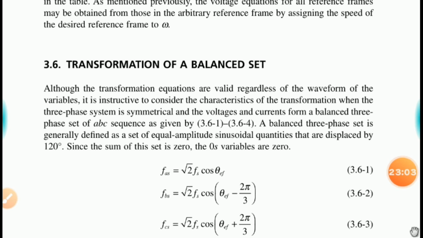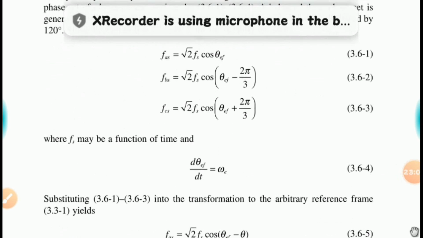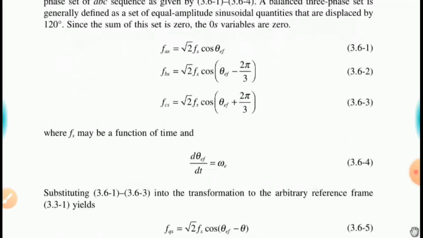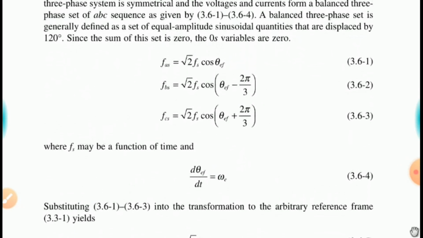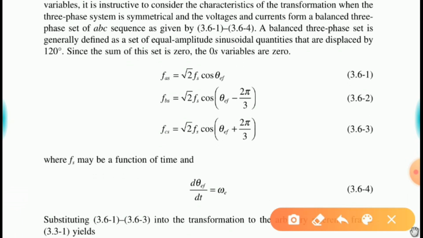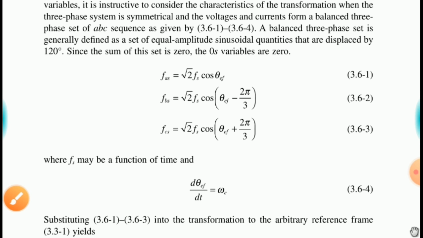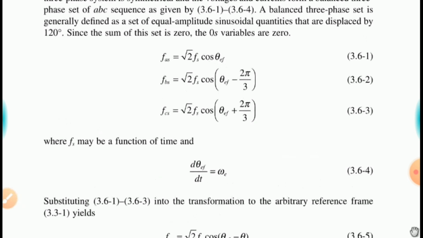So the task is to find the steady state equation of the synchronous machine. First you have to write the voltage equations like Vas, Vbs, Vcs, and here it should become d theta_r/dt equal to omega r. You can take omega r, that won't cause much problem.